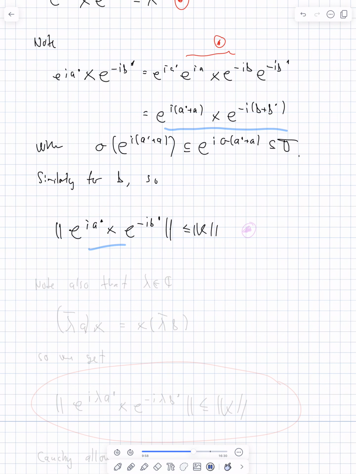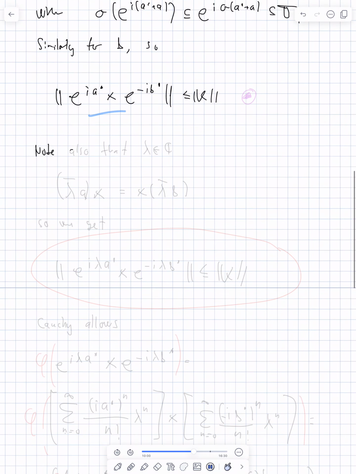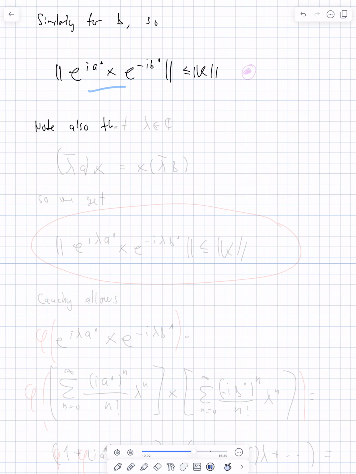Okay, so note also that if I take a lambda in the complex numbers and I write lambda ax, this is the same as x, lambda conjugate ax is the same as x lambda conjugate b, right? Just because I'm multiplying by this scalar.